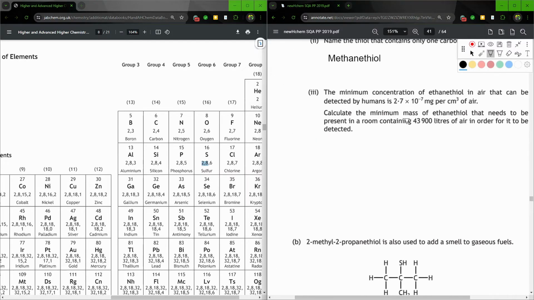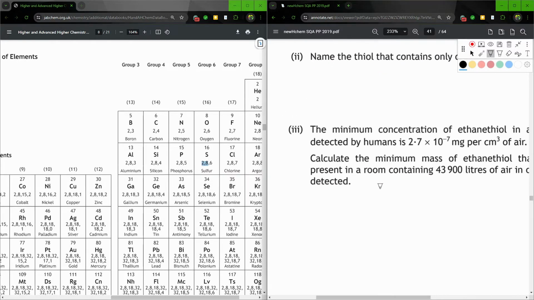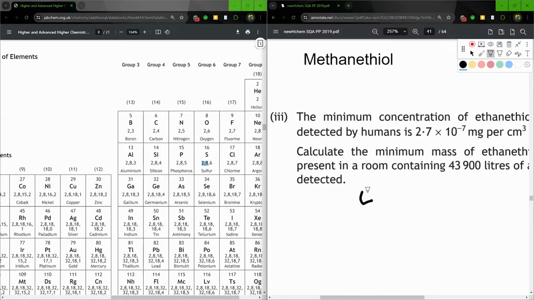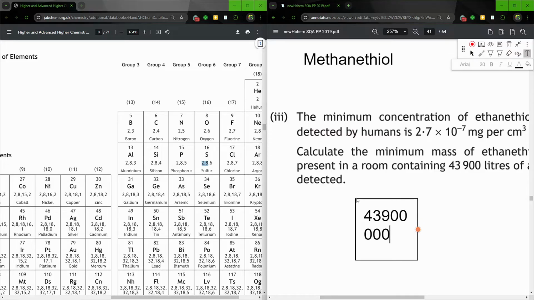Okay, so 43,900 litres. We want to convert that to cubic centimetres, which means we times it by 1,000. So I'm going to write it out. 43,900, 1, 2, 3, and then I'll put some commas in to break things up.